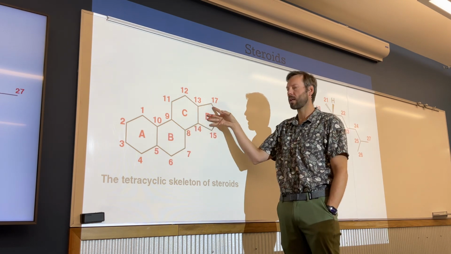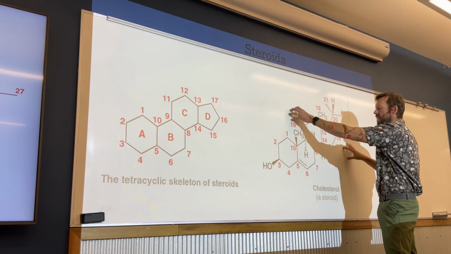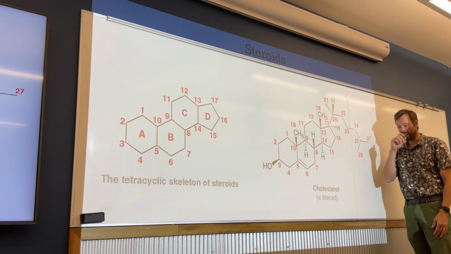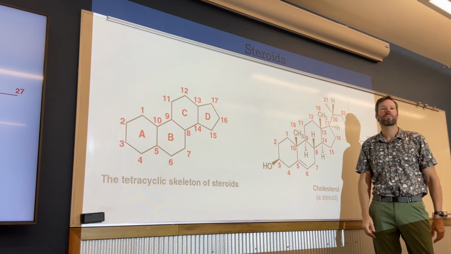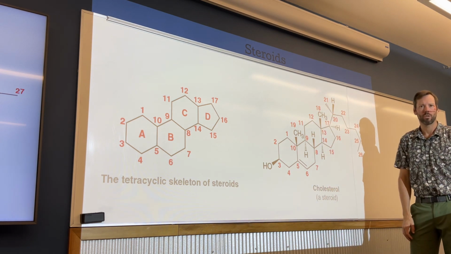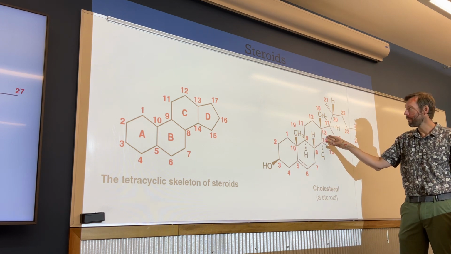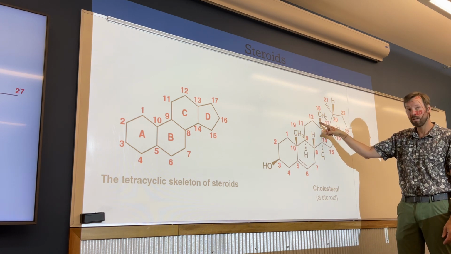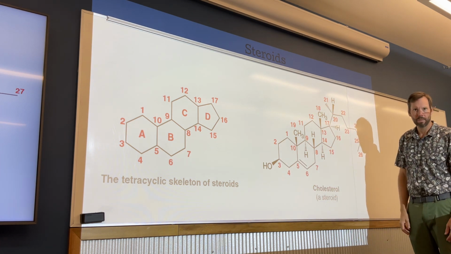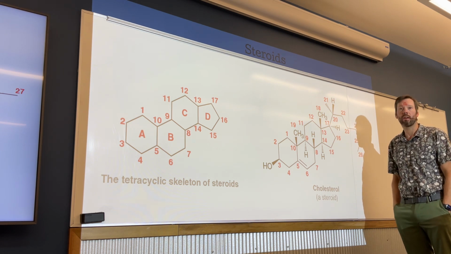This tetracyclic combination of rings. And then what we do to that will differentiate it between something like cholesterol or testosterone or estradiol, and so on and so forth. But they all have this as the backbone, whether it's methylated here or has a hydroxyl group here, that will vary. And in fact, testosterone and estradiol look very, very similar.